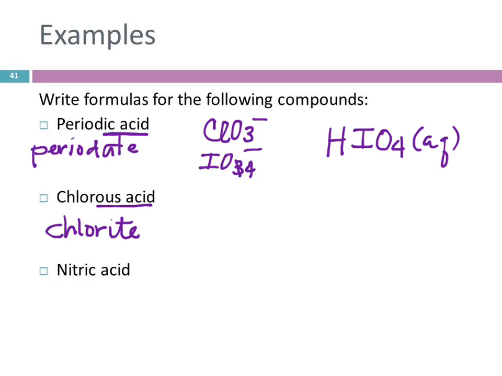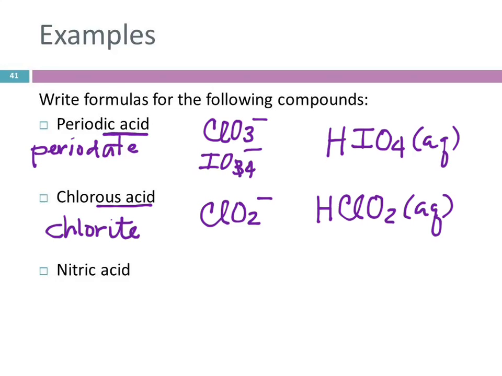We need the formula and the charge for the chlorite ion. Well, we had written down chlorate. ClO2 minus. The light version. We look at the charge. -1. We need 1 hydrogen. So HClO2 aqueous. Formula for the acid.